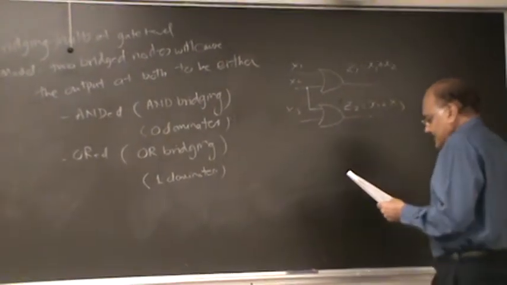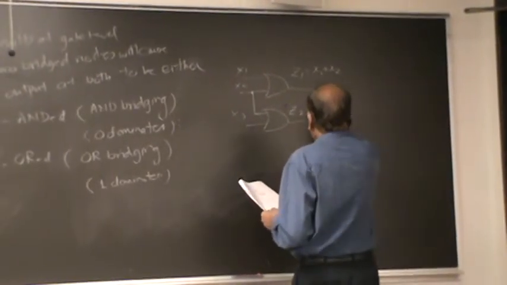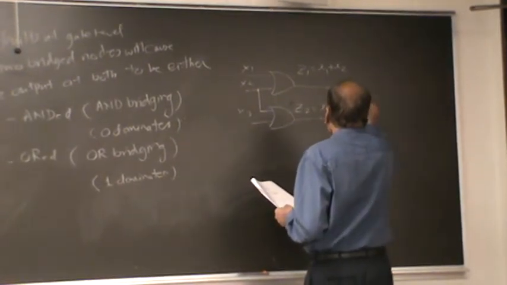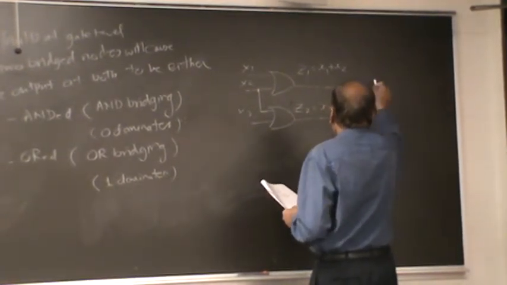Now what happens if they are bridged? Let's assume that this is AND bridging.